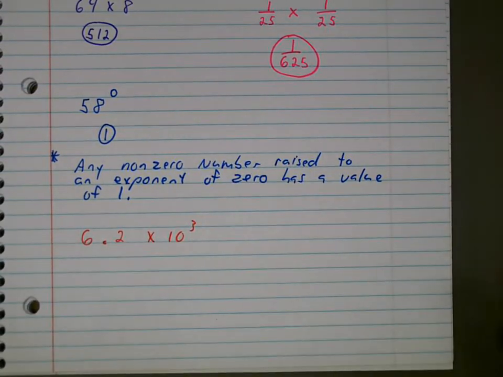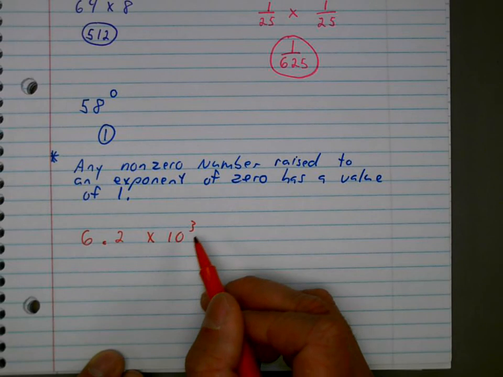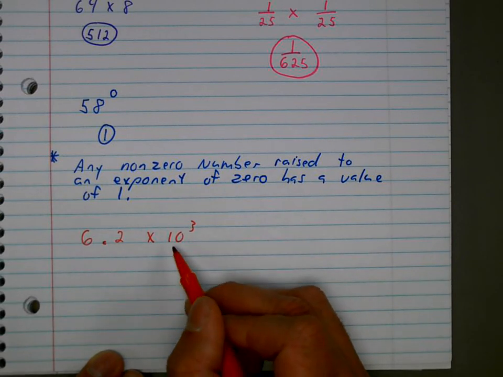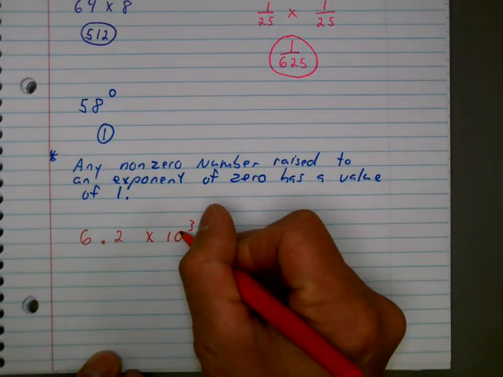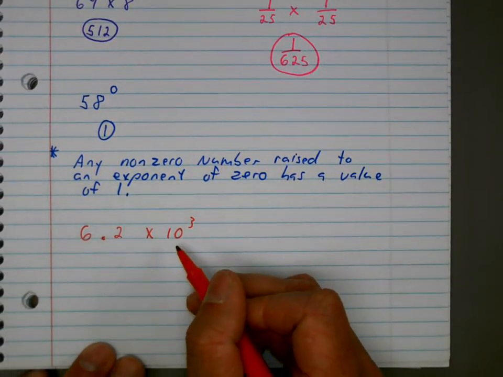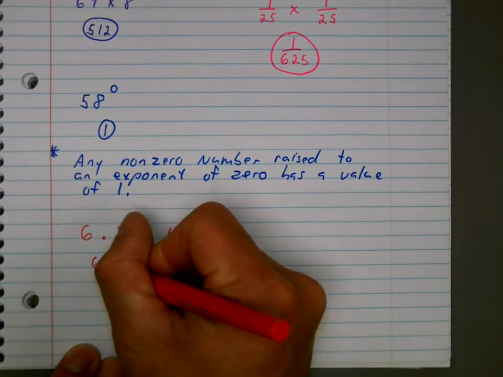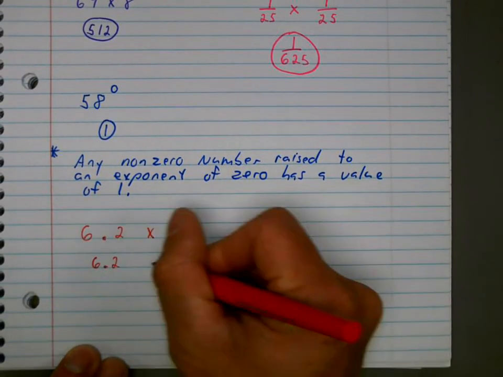So again, we want to kind of break this into steps here. So I know that I want to turn this into a usable number. 10 to the 3rd is kind of hard to work with. So I want to turn this into just a whole number. So because this is base 10, this one's going to be pretty easy for us. So we'll start by rewriting 6 2/10, bring that down.